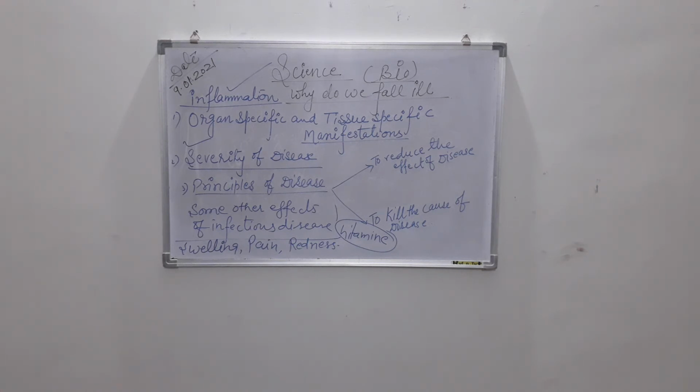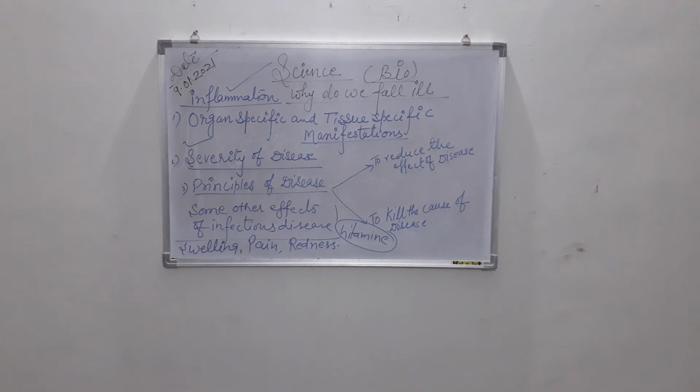I am repeating, the optimum or sufficient number of microbes that make the body diseased, or we can say the sufficient number of microbes responsible for spreading the disease in the body, is called infective dose.